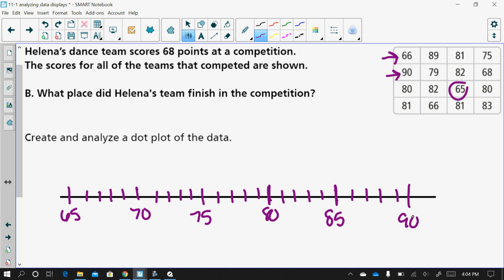Okay, so let's start plotting our dots. 66 right here.